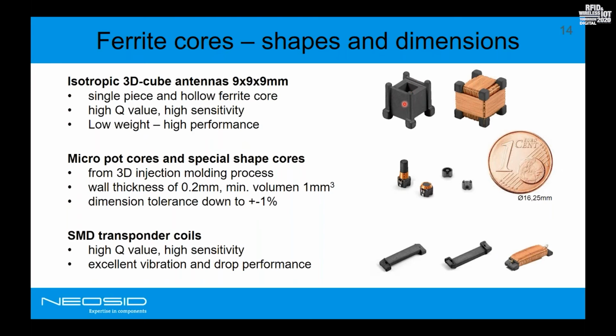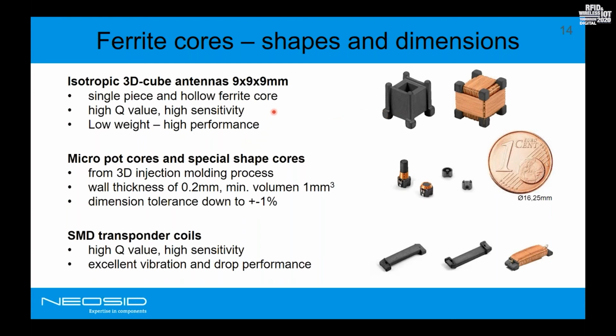One is a cube, a 3D cube antenna, where we have a hollow one-piece ferrite core. The advantage is that we can wind a copper wire directly on the ferrite core.